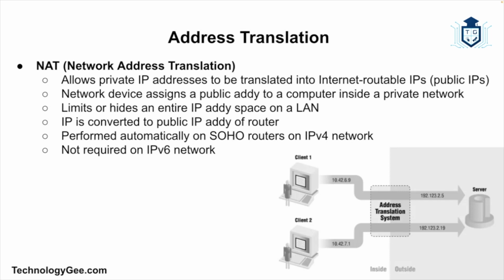It also allows a single IP address to do the work for many other IP addresses in the LAN. Network address translation is performed automatically on SOHO routers when connected to an IP version 4 network. It is not necessary on an IP version 6 network because IP version 6 is much more secure and has no shortage of IP addresses.